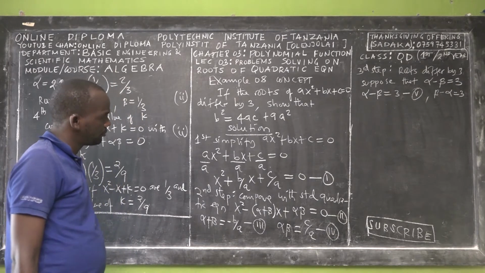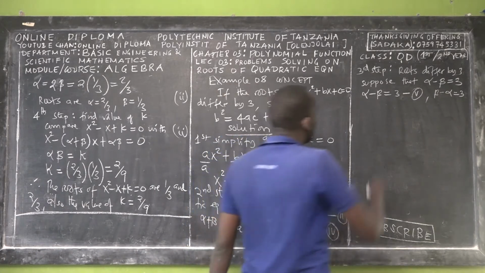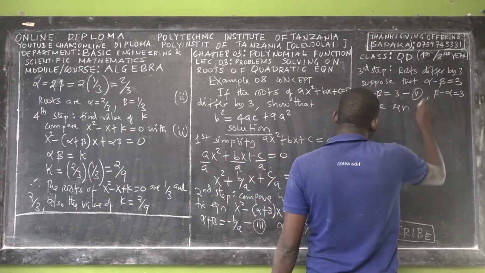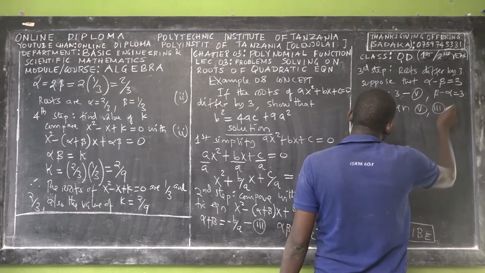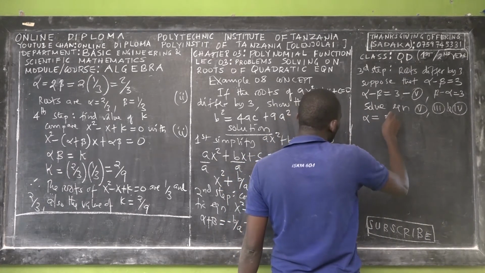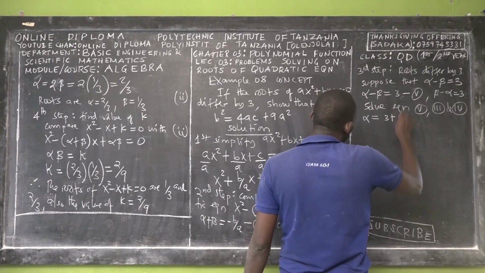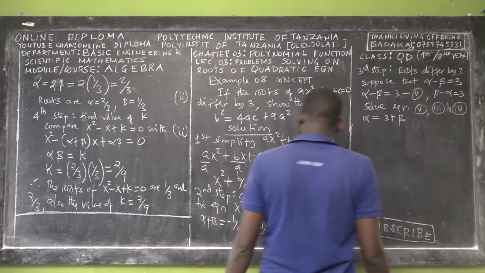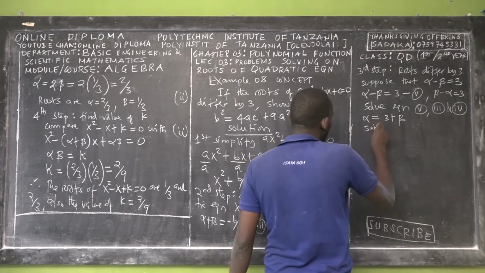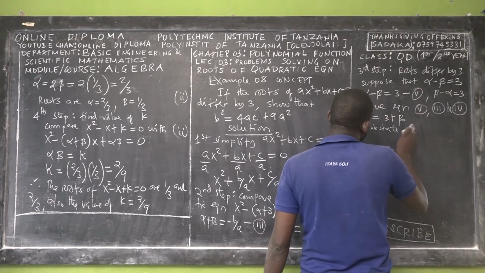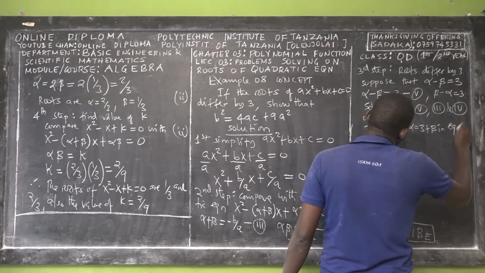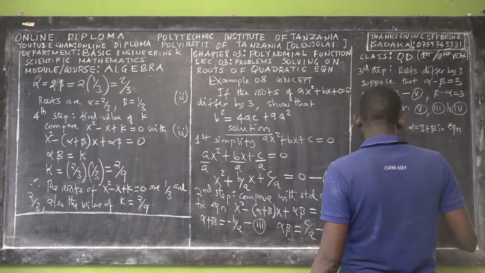So we may solve equation 5, equation 3, and equation 4. How? Make alpha the subject in equation 5. This alpha is equal to 3 plus beta. Then let us substitute alpha equal to 3 plus beta in equation 3.